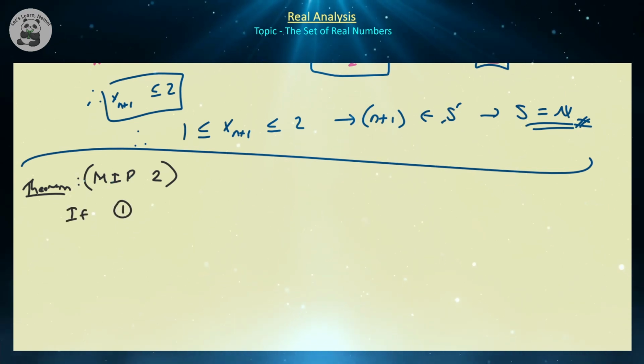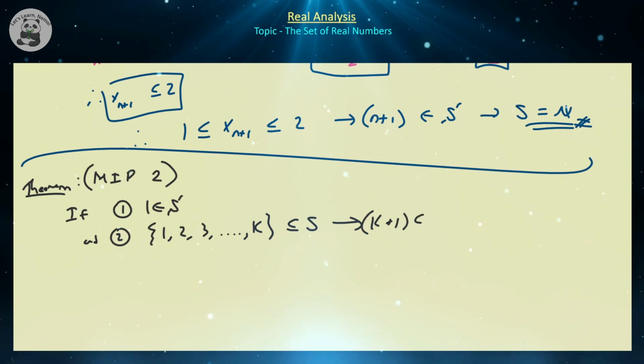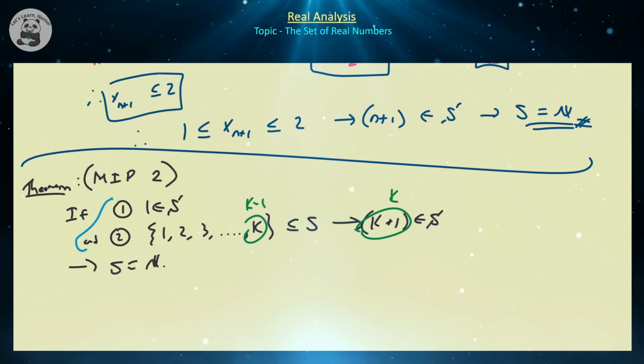If the first property, 1 belongs to S, and 2, 1, 2, 3, all the way up to k is a subset of S, if this implies that k plus 1 is also an element of S, some people will change that to k minus 1, and some people will change that to k. They are equivalent. That should be obvious. But if both of these properties are true, then this implies that S and N are indeed the same exact thing, right?